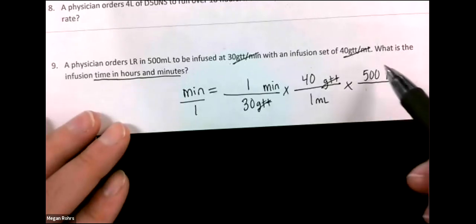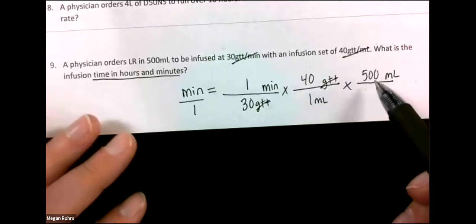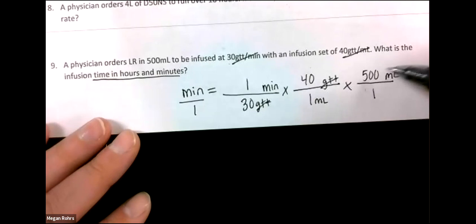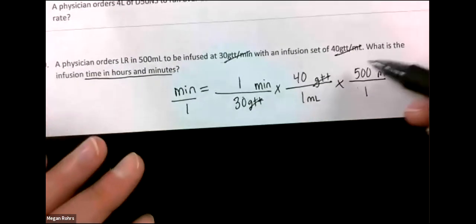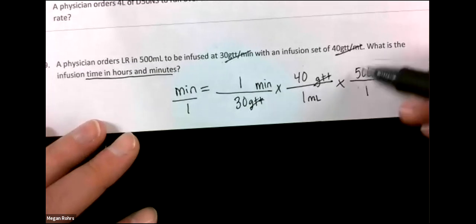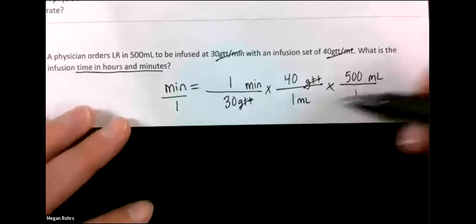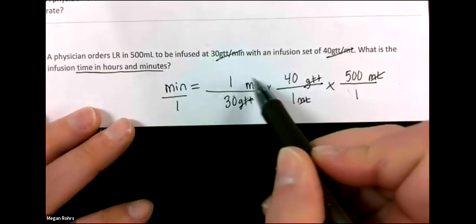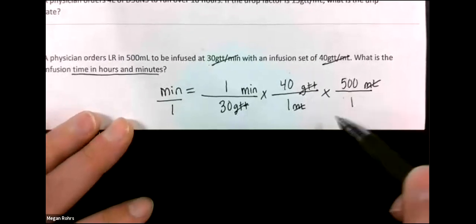This is by itself. There's nothing attached to this. It's just a total of 500 mils. So if it helps, you can use a placeholder of 1 so it stays in the numerator, because anything divided by 1 is still itself, right? So this still has a value of 500. Now my milliliters can cancel out. And now the only unit I'm left with is minutes, which is what I need, so I can go ahead and solve.